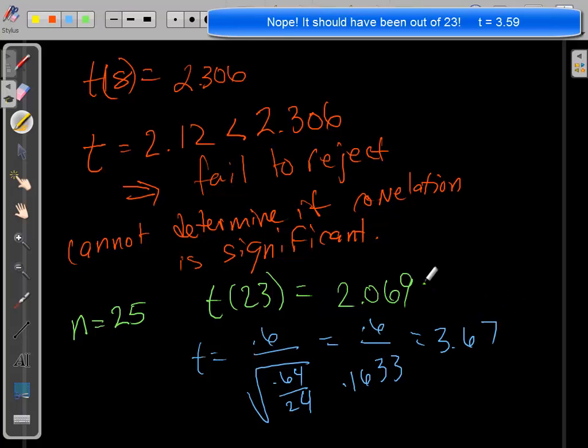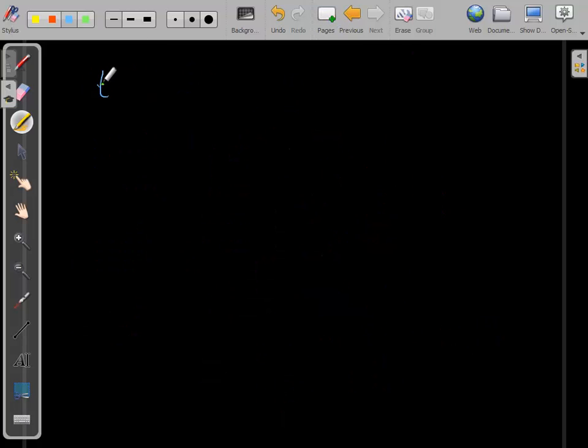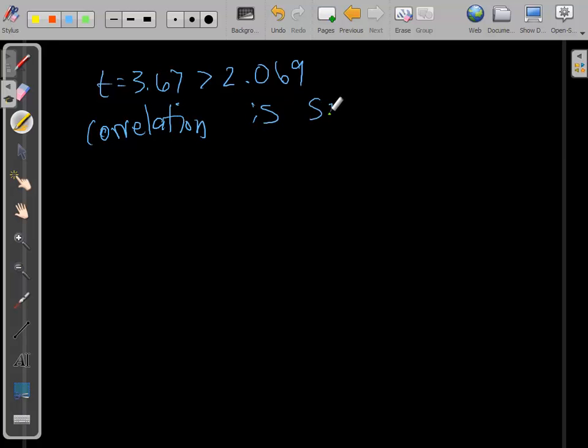Now our t-value is greater than the critical value, so yes, we have enough evidence to reject the null hypothesis. t of 3.67 exceeds the minimum 2.069, and therefore we have a correlation that is significant at the 5% level.